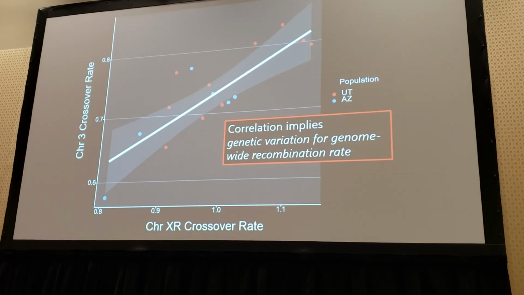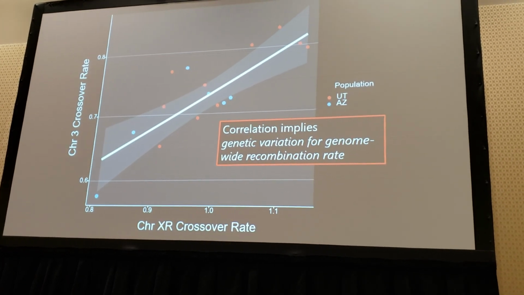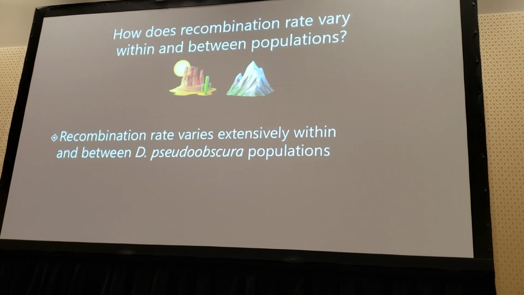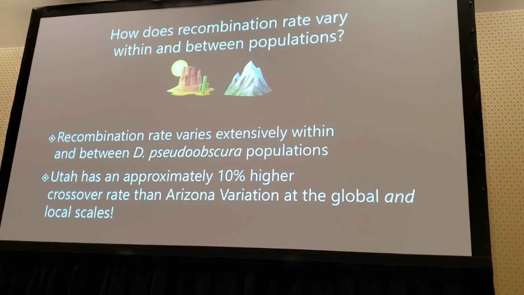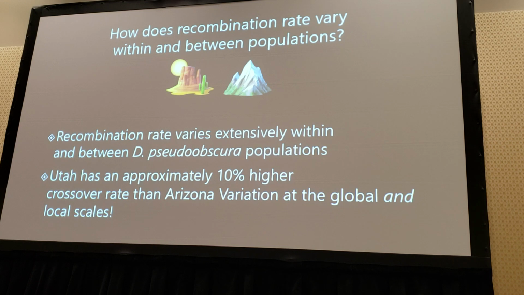We're doing more to explore that, but this is a pretty compelling correlation. Okay, so just to sum that section up, we found the recombination rate varies extensively within and between Drosophila pseudoobscura populations. Utah has approximately 10% higher crossover rate, and we're seeing this variation at local and global scales.